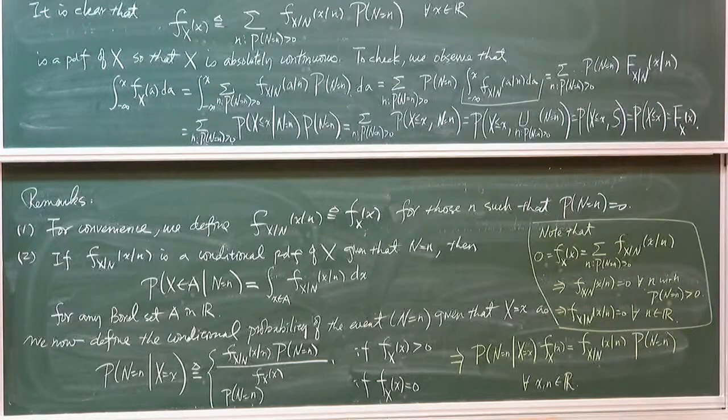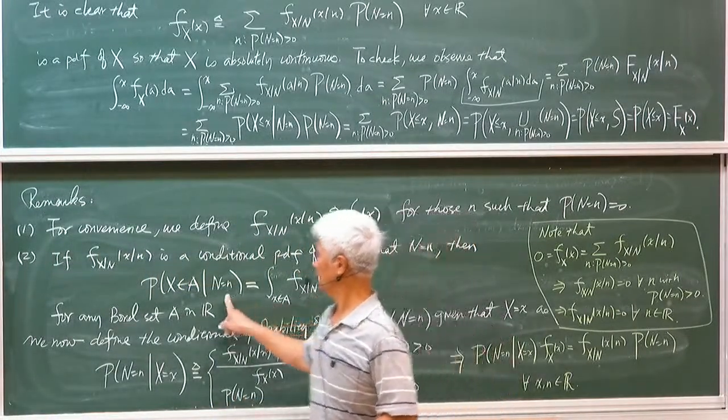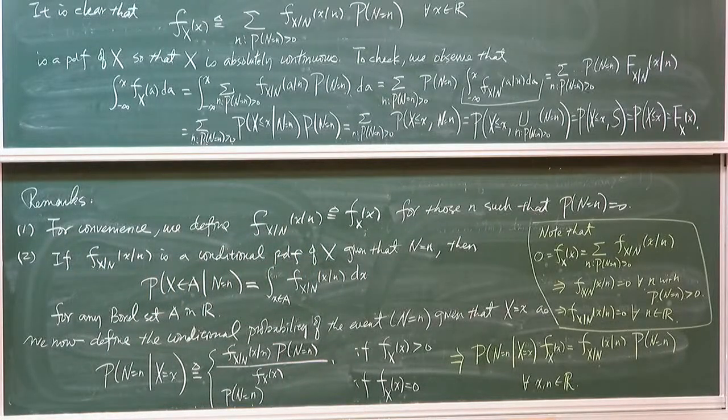And by the remark we made here, the integration of the conditional PDF of X given N is just the conditional probability of the event that X is in A. So finally, this is equal to the probability that N equals n and X is in A. So we have achieved our goal, right?